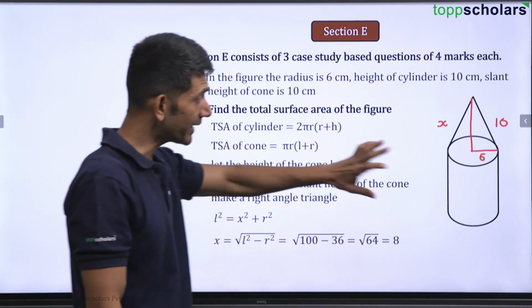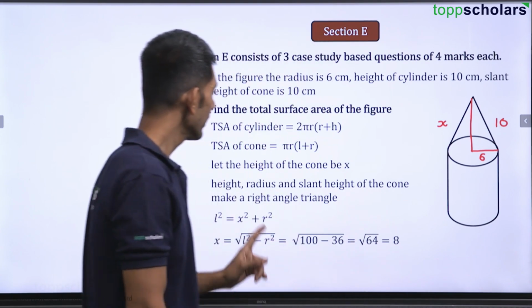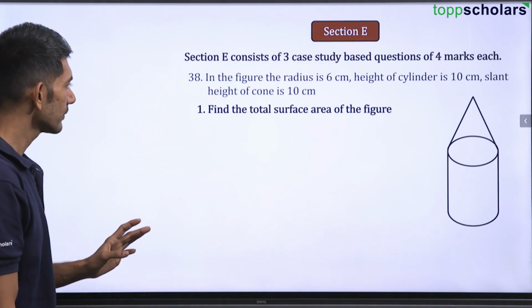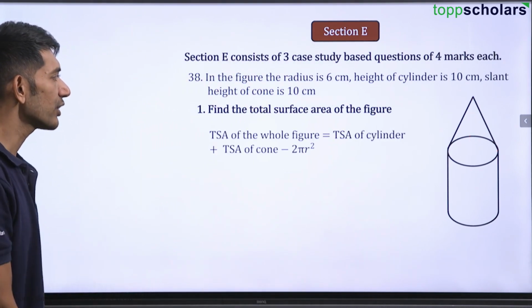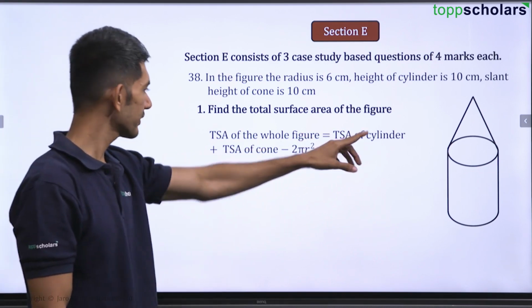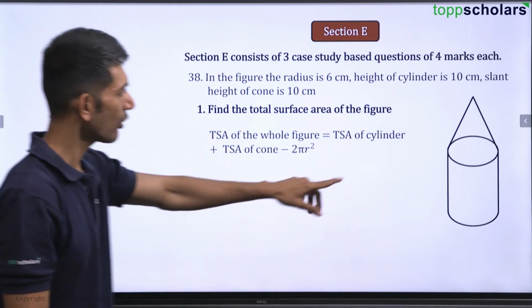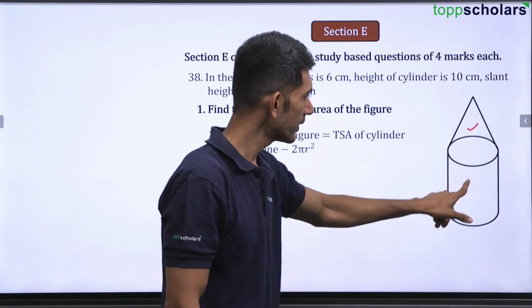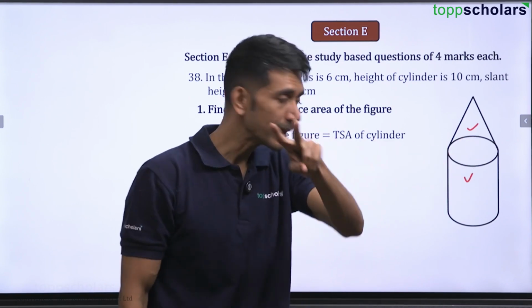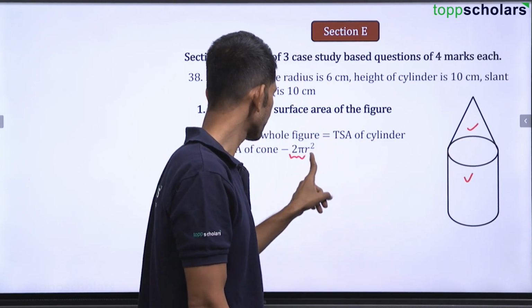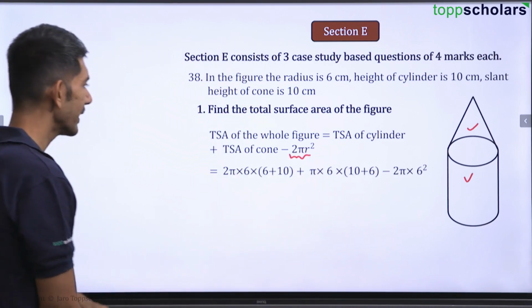Now once you find the height, we can easily find the total surface area of the whole figure. That is total surface area of cylinder plus total surface area of cone, and then this circle comes 2 times, just subtract that. Perfect. Let us do that.